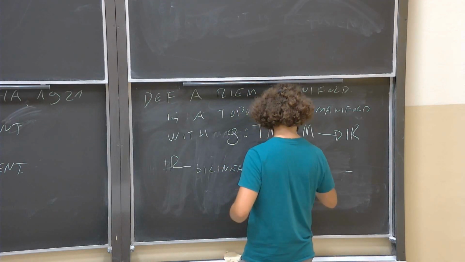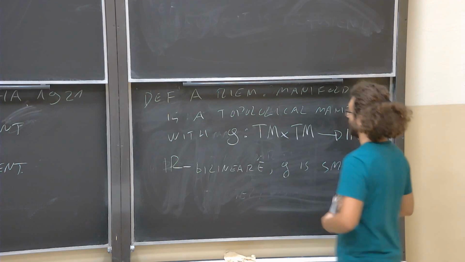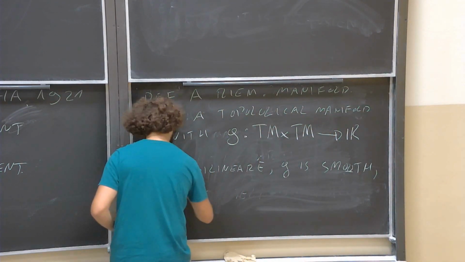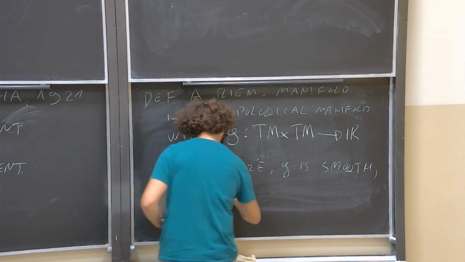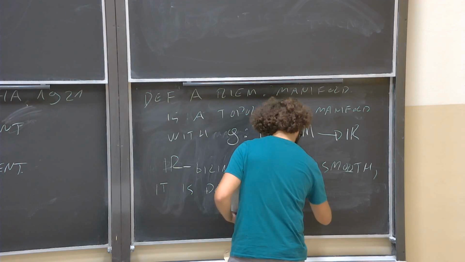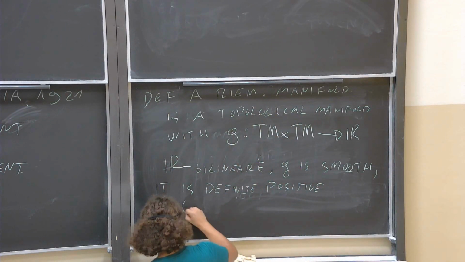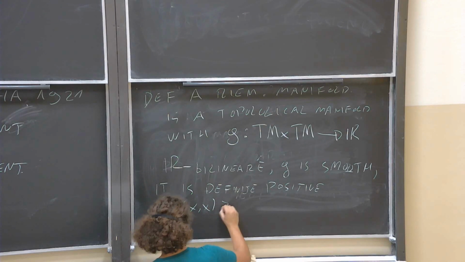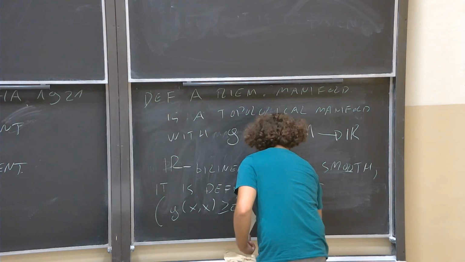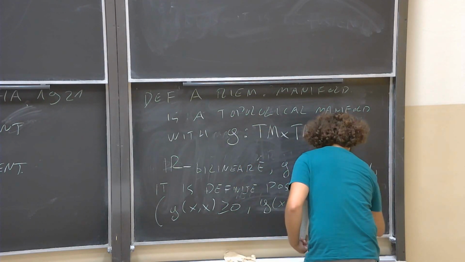It is smooth, and it is positive definite, which means that the norm of any vector is non-negative, and it is 0 if and only if the vector is 0.